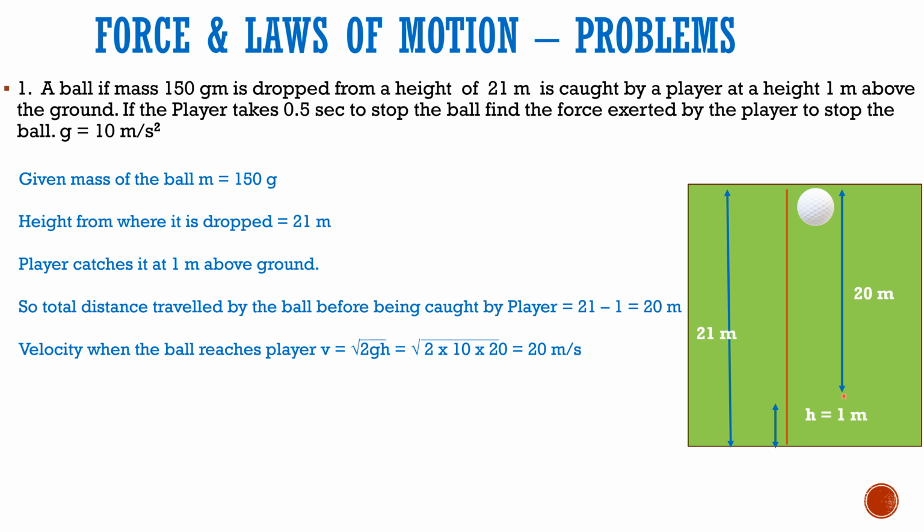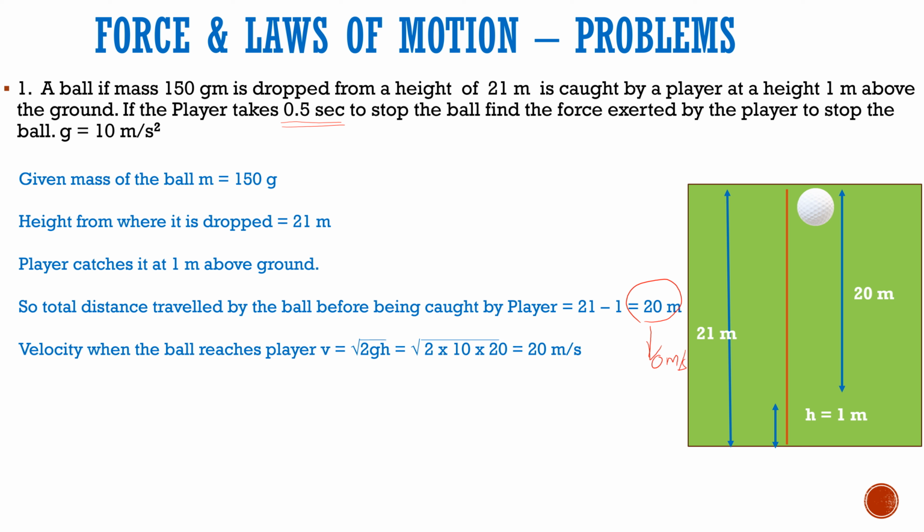Now after it hits the player, he takes 0.5 seconds. That means from 20 meter per second to a final velocity of 0 is the deceleration of the ball, right? And the time that is taken to decelerate is 0.5 second.